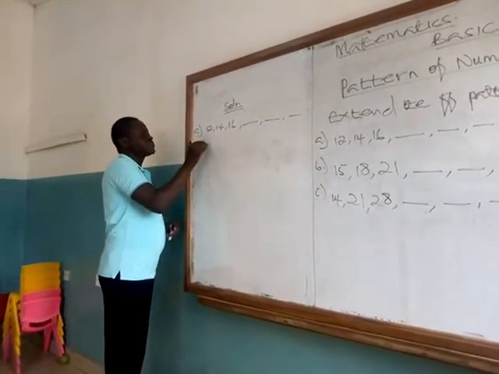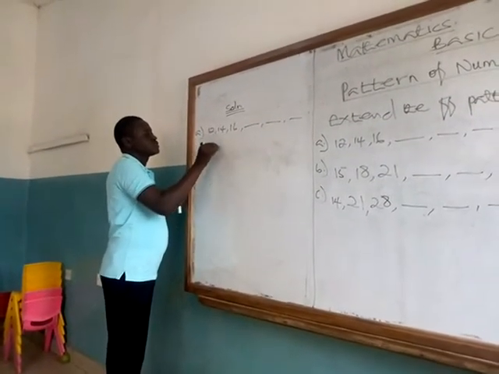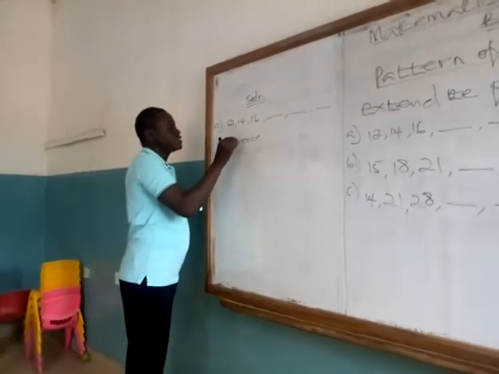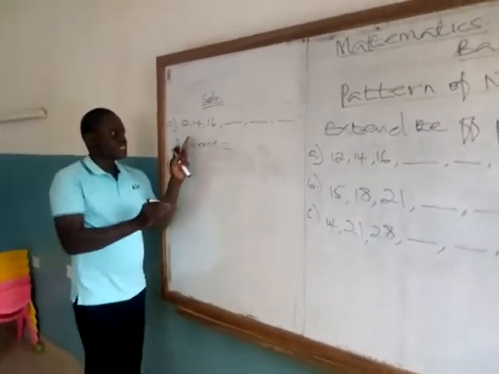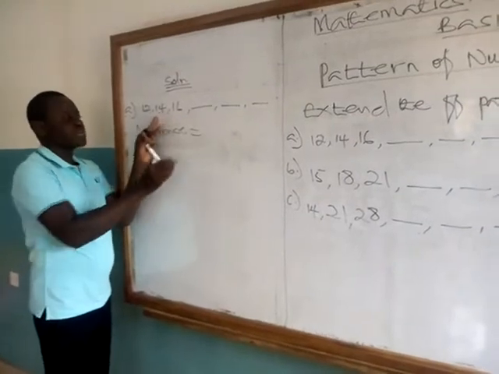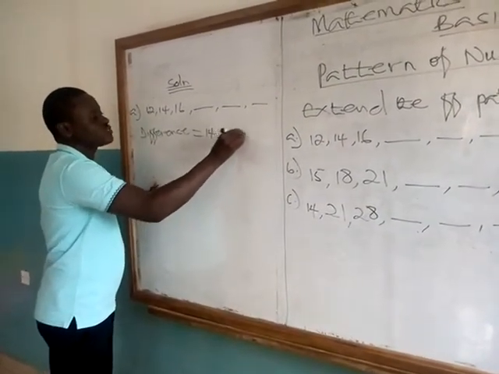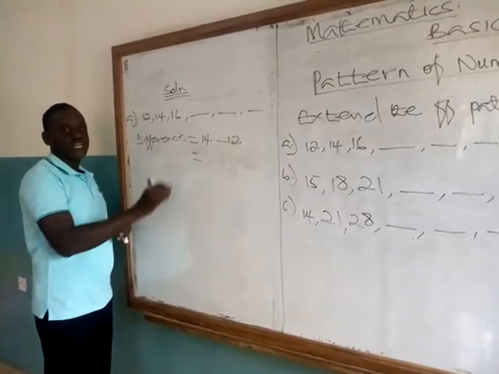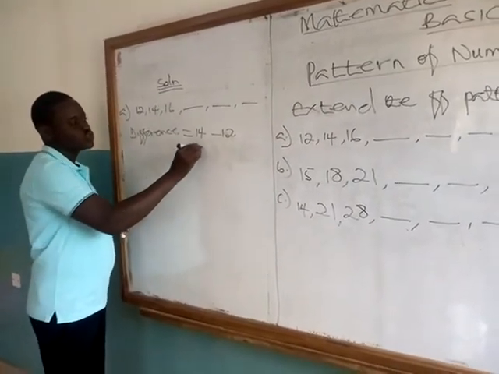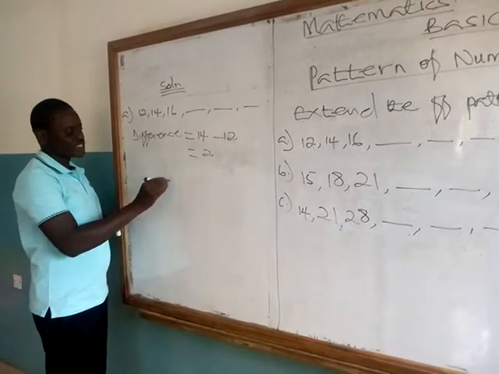To find the difference, you have difference equals the second number, that is 14, minus the first digit, 12. 14 minus 12 will give you 2. Let's do that subtraction together.